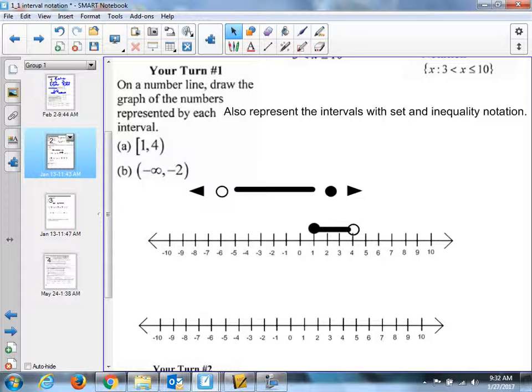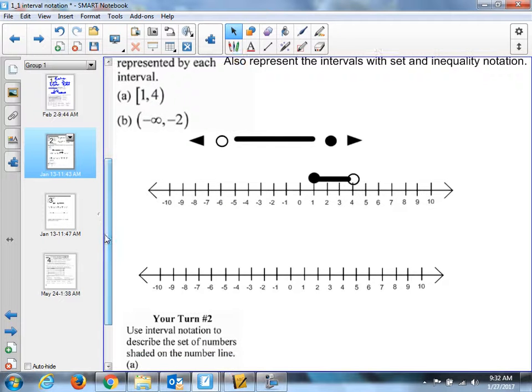Now, does this make sense to you? Okay, different notes. Now this one here, it's a sideways 8, infinity, right? Meaning there's no starting point. It goes to the left forever. So that means I've got no real starting point on the left, but it goes up to and does not include -2.